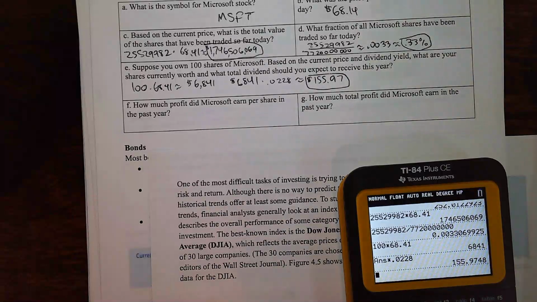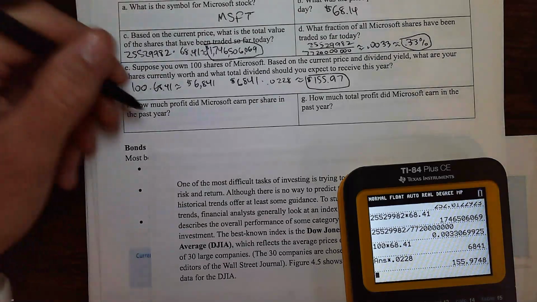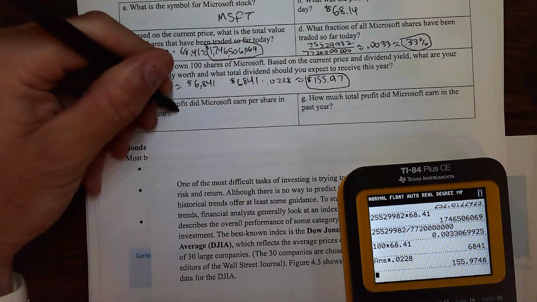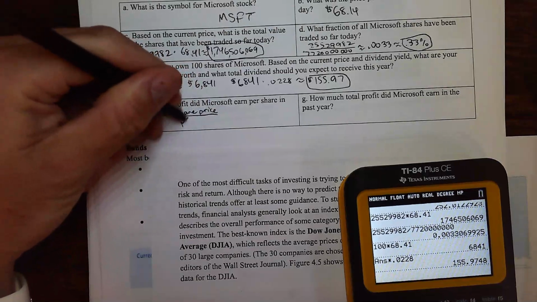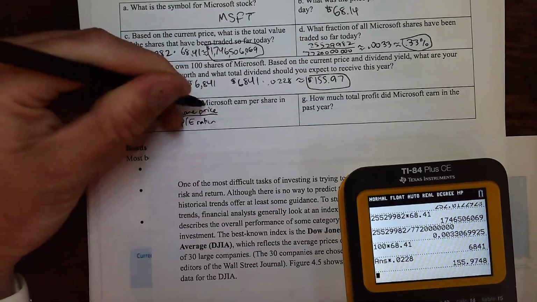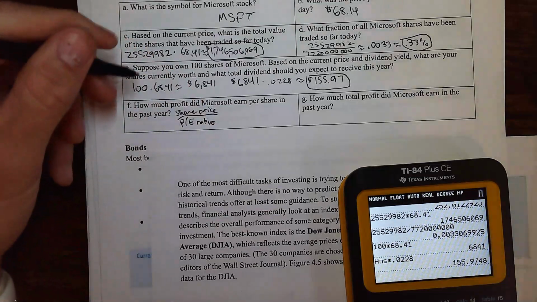How much profit did Microsoft earn per share in the past year? The PE ratio of 30.17 indicates that Microsoft's share price is 30.17 times its earnings per share in the last year. Therefore, earnings per share will be the share price divided by the PE ratio.